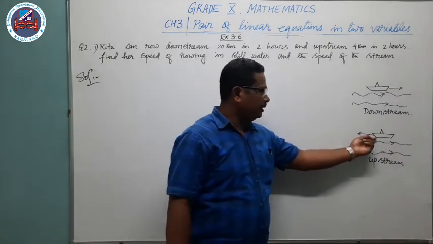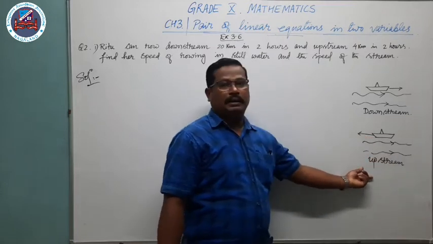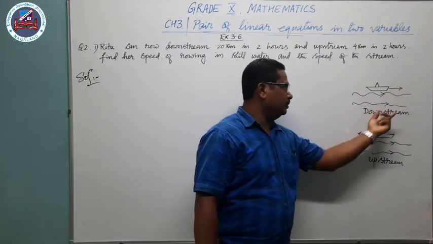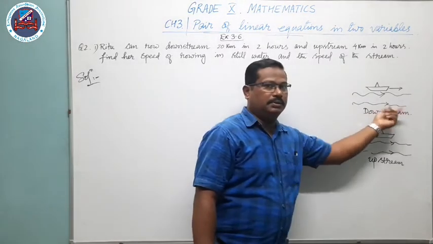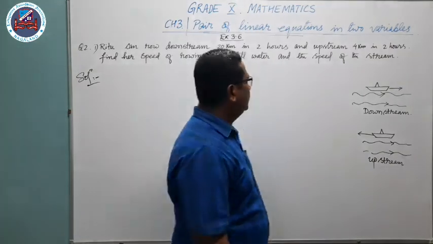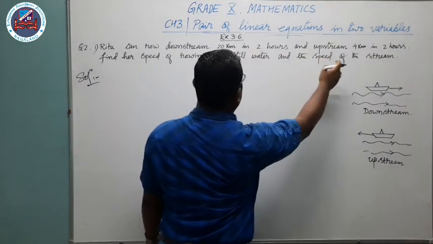If the boat is coming against the direction of the flow of water, we call it upstream. And if the boat is going along the direction of the water, in the same direction, then we call it downstream. So here the question is regarding downstream and upstream.